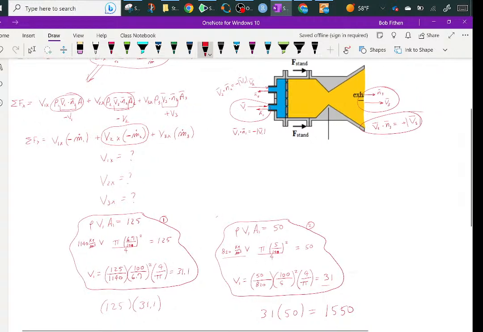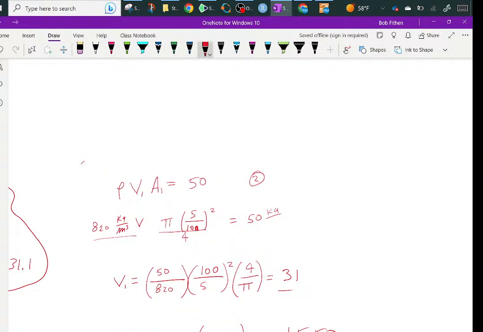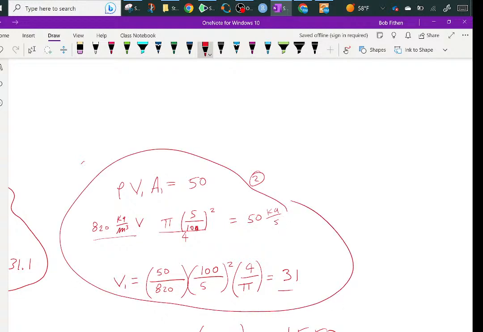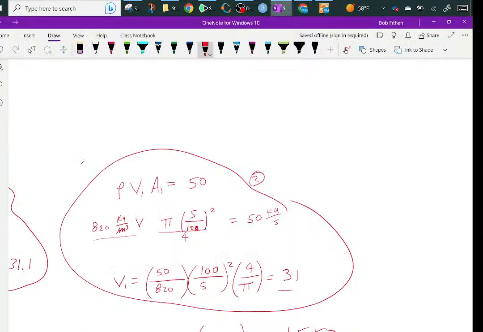Let me make sure that I have the units. Now this thing is supposed to be kilograms per second. Uh-oh. Let's make sure that's what that is. Yeah, it's kilograms per second. This one will be in meters squared.